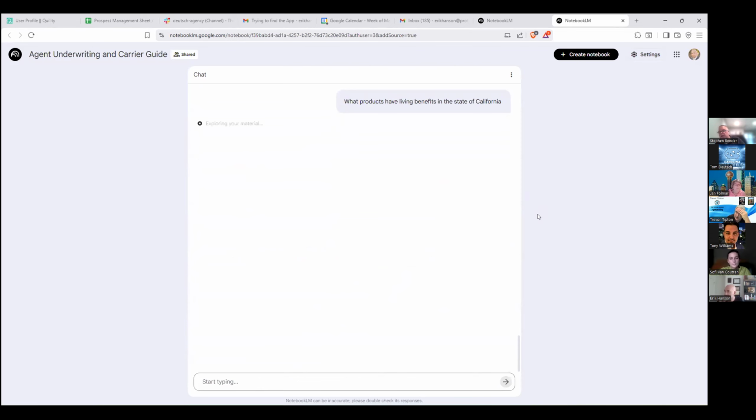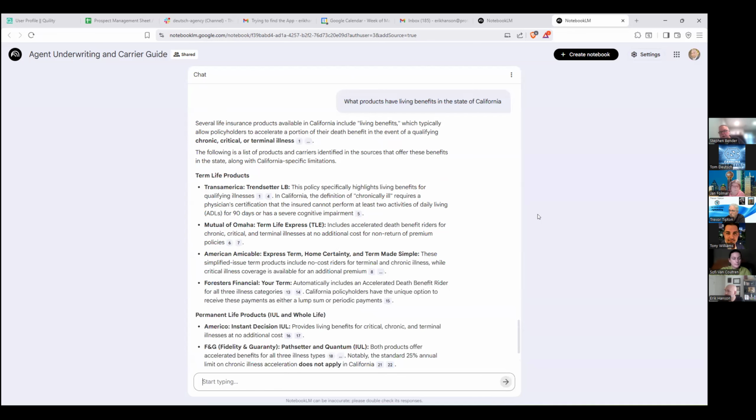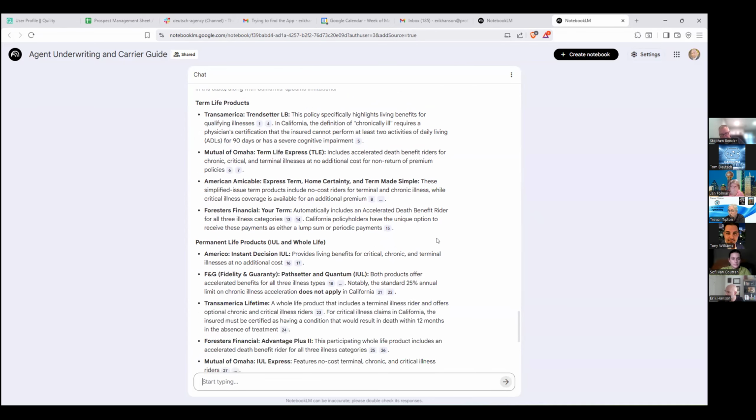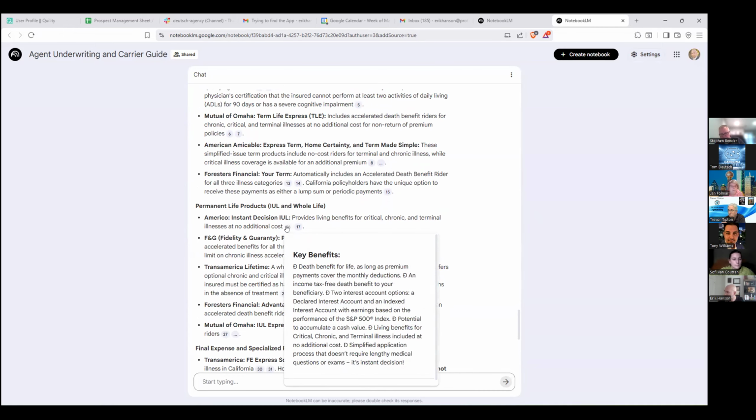Just like why we have Occidental for New Jersey. It'll be okay with the typos. Some of the term stuff you can look at, but permanent products. Now here's the deal. Click on that 16 under Americo, because Americo doesn't have full living benefits.